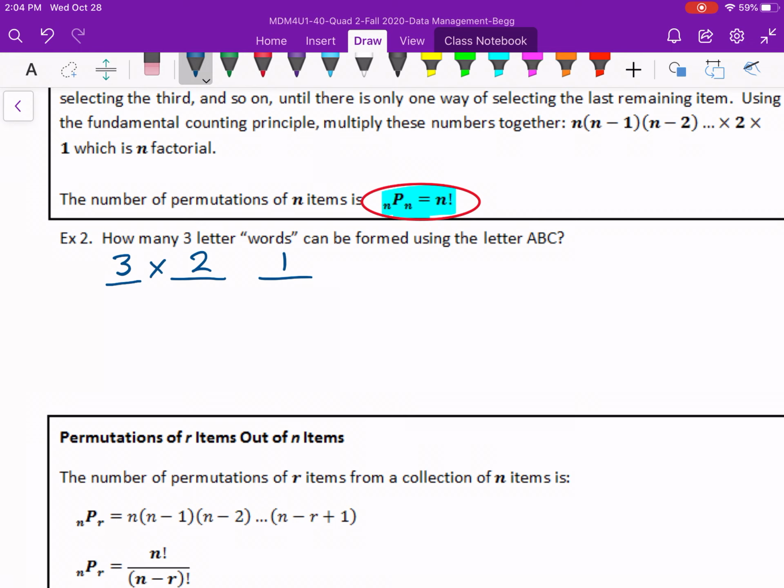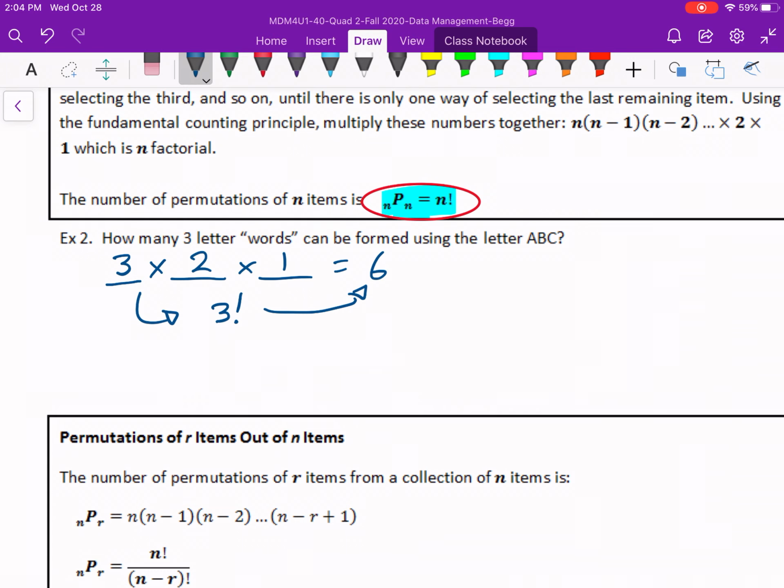So using the fundamental counting principle, we can see that there's 6 ways to fill those 3 spots, and so we can make 6 words, again in quotations, out of that. But as you can see, 3 times 2 times 1 is nothing more than 3 factorial. And again, 3 factorial is just 3 times 2 times 1, so of course that does equal 6.